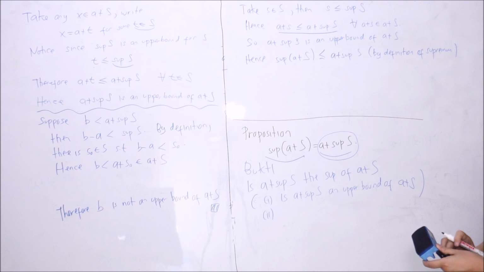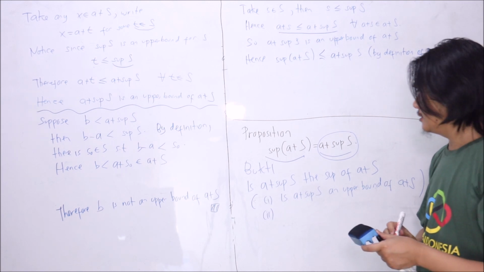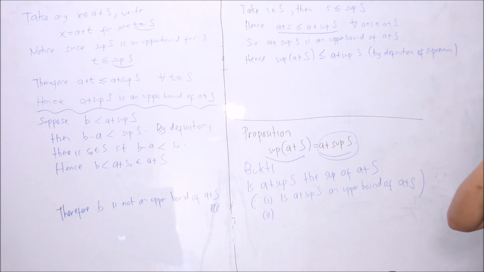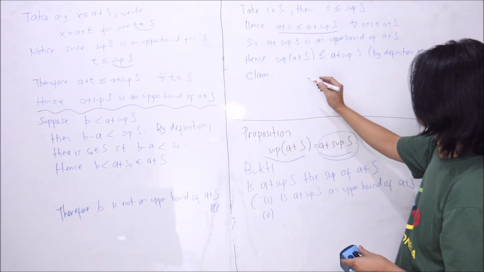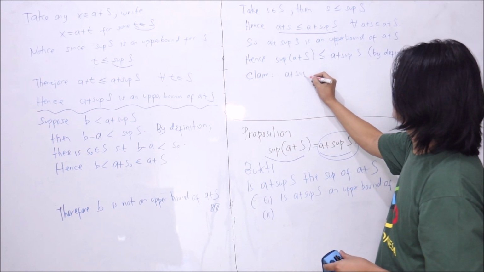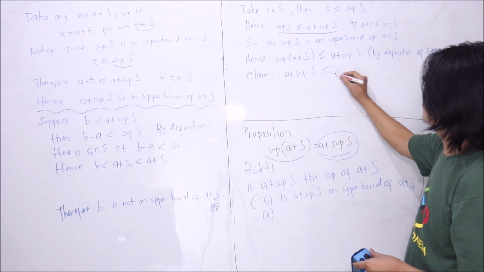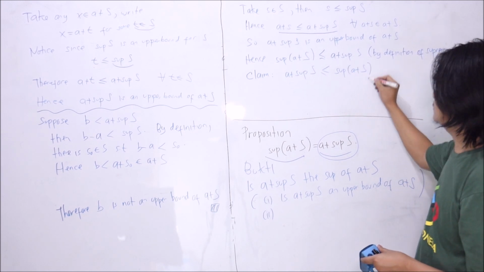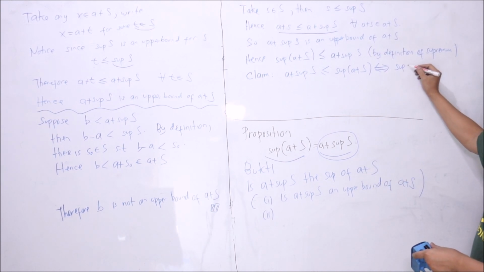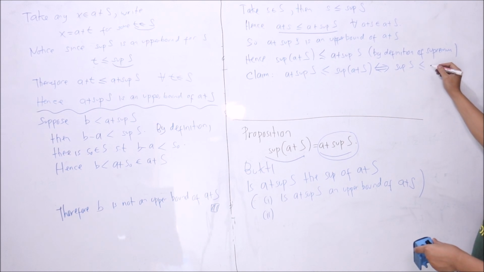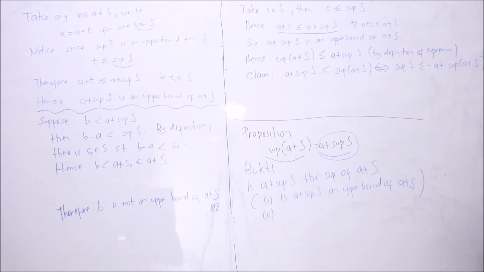Okay, now we need to prove the other way around. And how do we do that? Let me think. So we want to show that, we claim that A plus sup S is less or equal to sup A plus S. Okay, and this statement is equivalent to sup S is less or equal to minus A plus sup of A plus capital S. Okay.